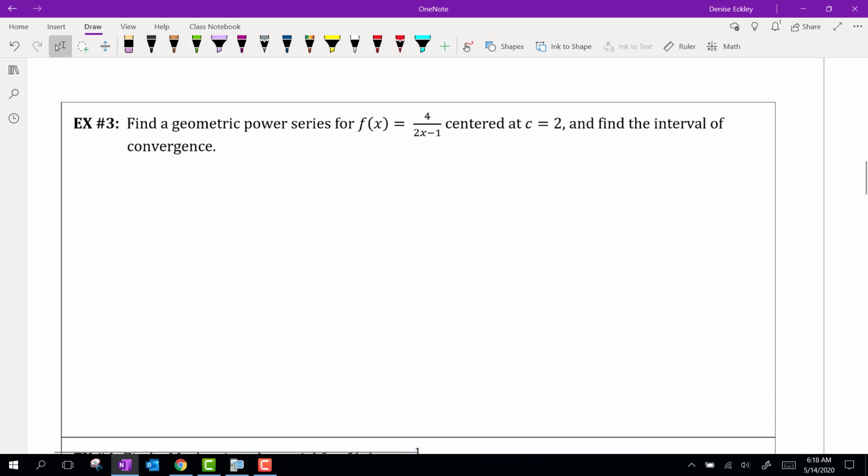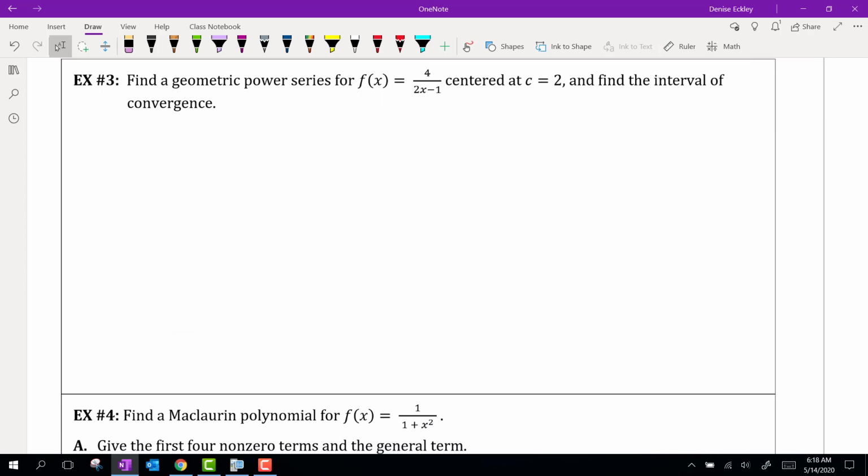So let's go on to another example. Now we're going to find the geometric power series for f of x equals 4 over 2x minus 1, and this time it's centered at c equals 2, and we're defining the interval of convergence. So what we want to do is remember, and I'm going to write this up here because we're going to use it a lot today, our geometric series.